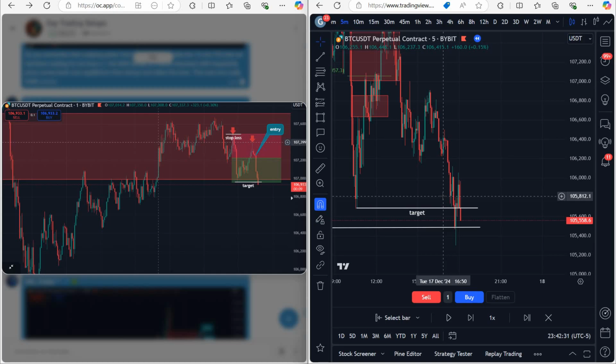But what I was trying to convey here is really that it's possible to know with high probability where the price wants to go during the day. And not only during the day, but we can have the same type of analysis to know on the monthly chart, the weekly chart, the daily chart, the 4-hour chart, anything, where the price wants to go.